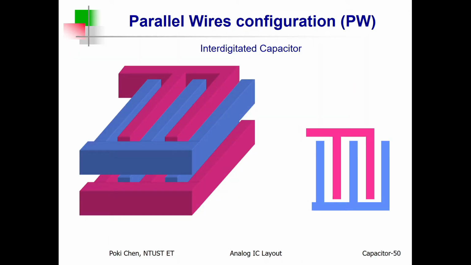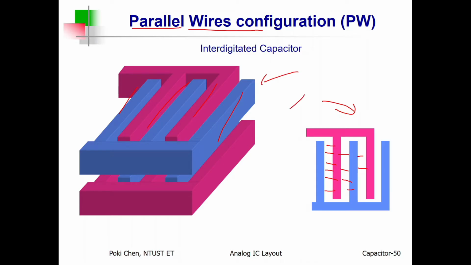Then they tried to focus on different layout patterns of the capacitor. For example, one of them is called parallel wires. In the bird view of the layout, the two-dimensional layout view, you can see they depend very much on lateral flux, right? It is good.